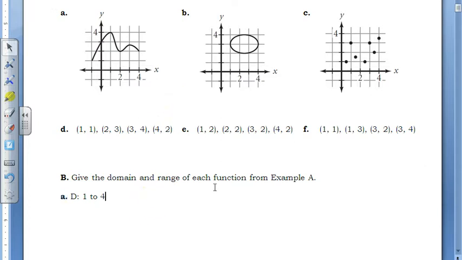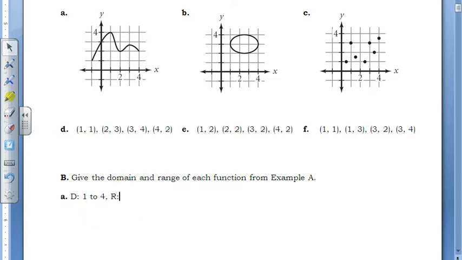In a more rigorous math class, we might see something that looks like 1 is less than or equal to x is less than or equal to 4. But I'm going to say you can go as simple as say domain is 1 to 4. You don't have to use the domain notation for any of your exercises. So I'm just going to focus on the simpler way.